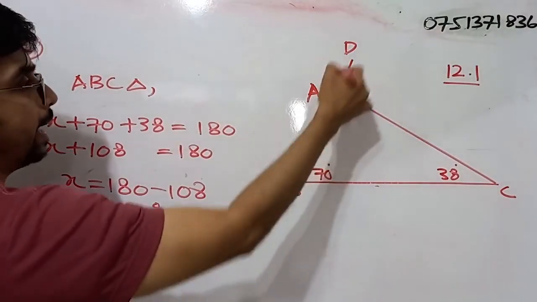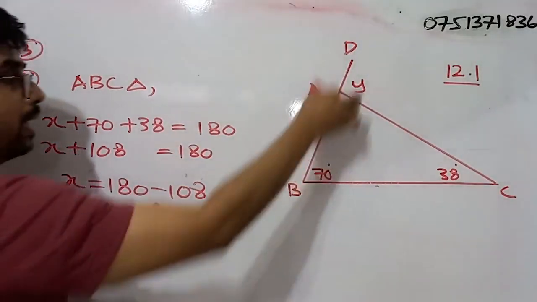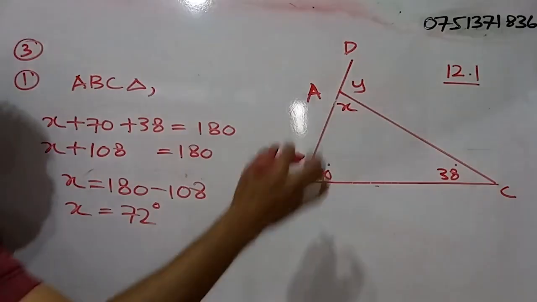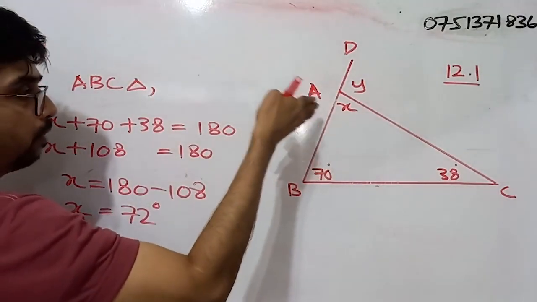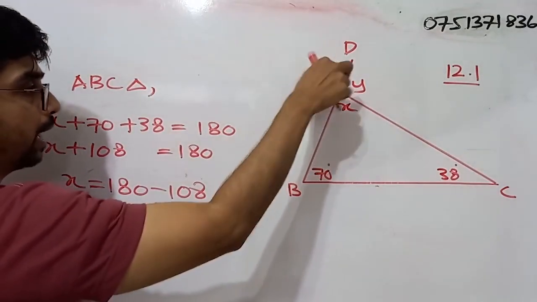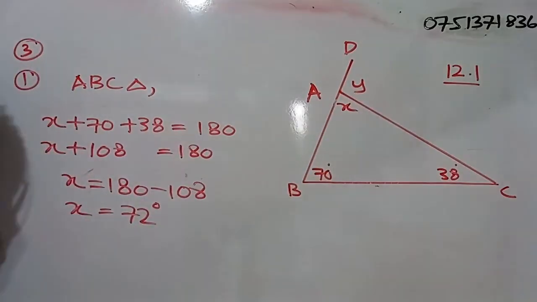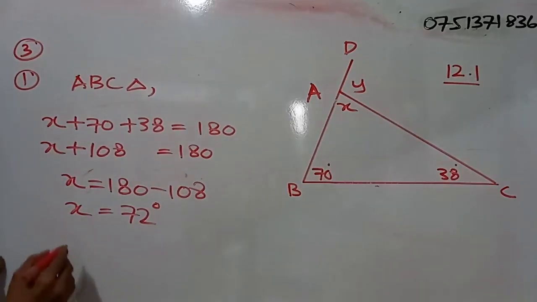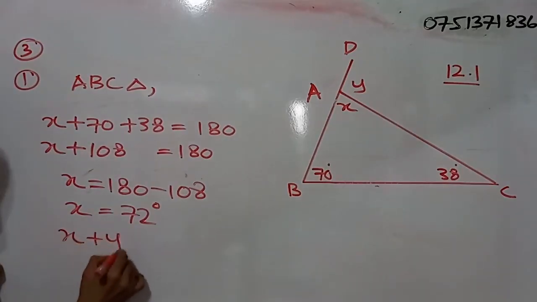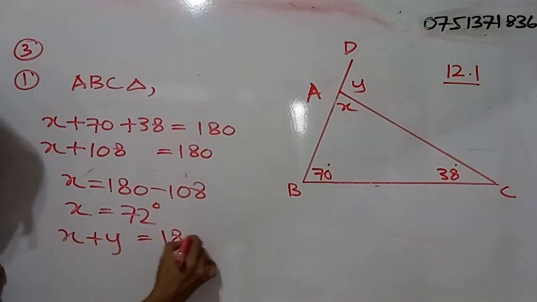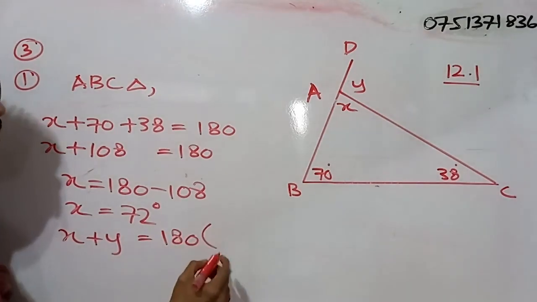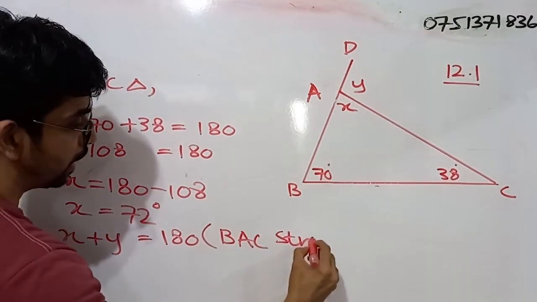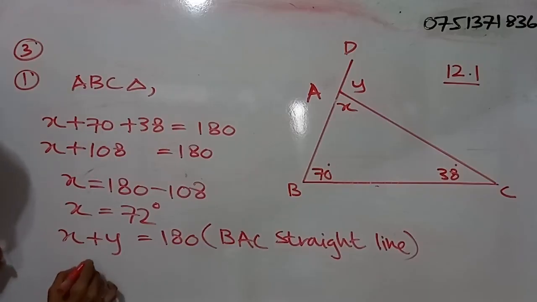So BAD, that's a straight line. We know if we take one side of a straight line and add all the adjacent angles, it will sum up to what? 180. So we can write X plus Y, that is equal to 180. What's the reason? BAD is a straight line. So what will be Y?